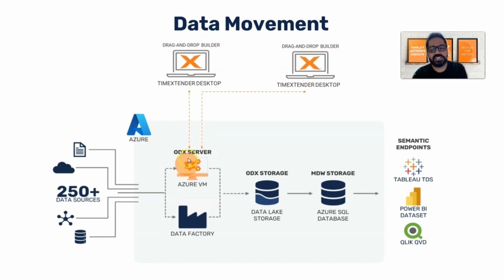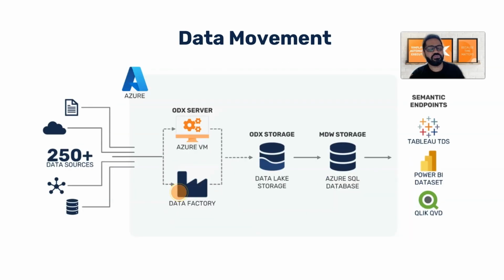You can see that the data, shown here in the gray arrow, is always passed through either the ODX server using ADO.NET technologies, or you have the option of using Azure Data Factory. To transfer data from the sources to the ODX storage, you can adopt multiple ways inside of TimeXtender.